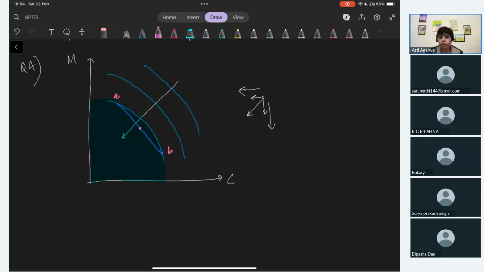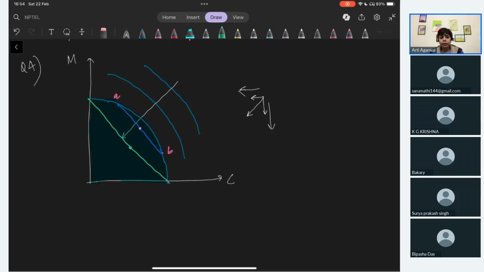And D is Molly prefers a combination of milk and cookies to only milk and only cookies. This is also true, actually, and that is what I was just discussing. Because only milk and only cookies is on the side of lower utility. A combination of the two, if you want, you can stretch this curve a little bit more, this side and this side, and draw another line like this, right?